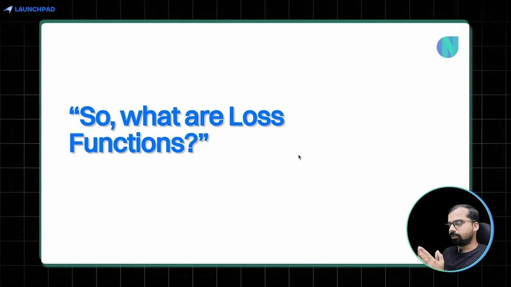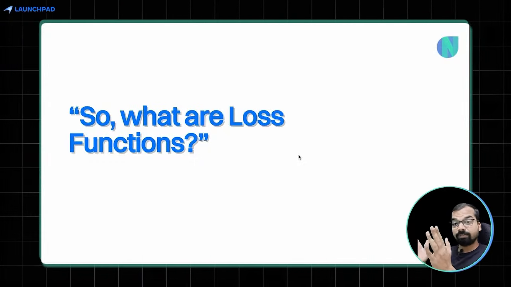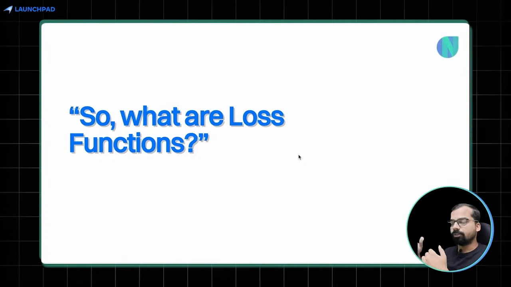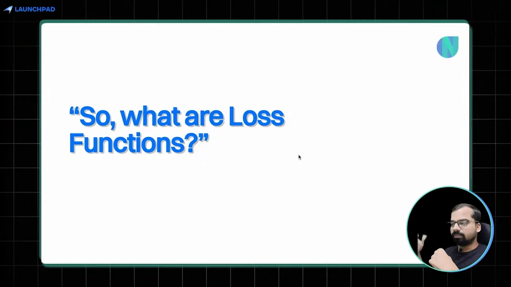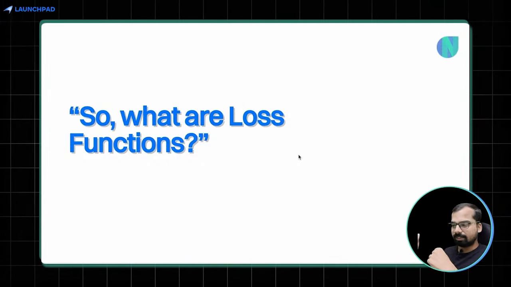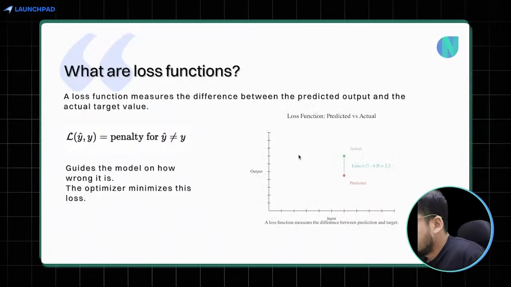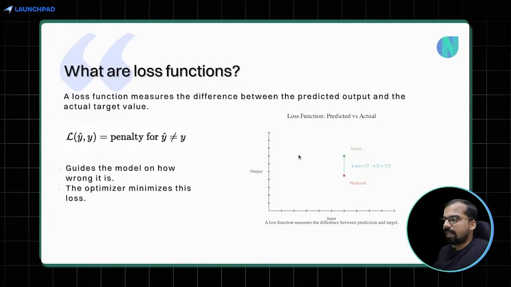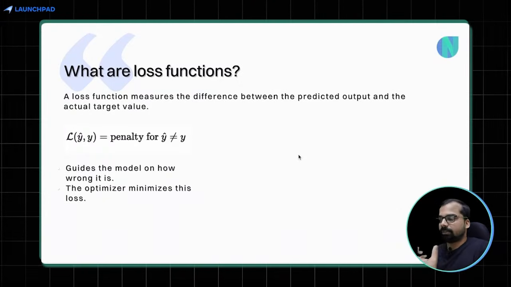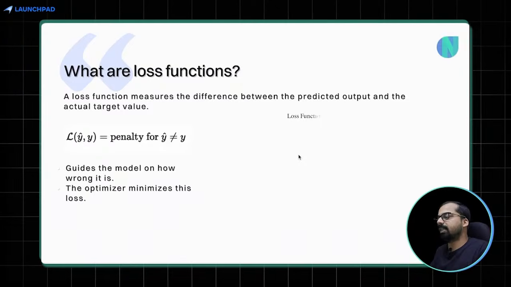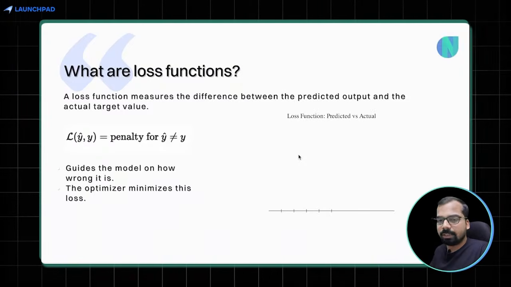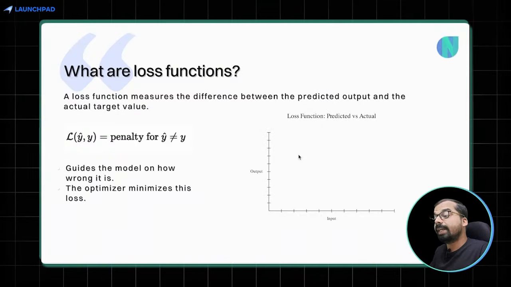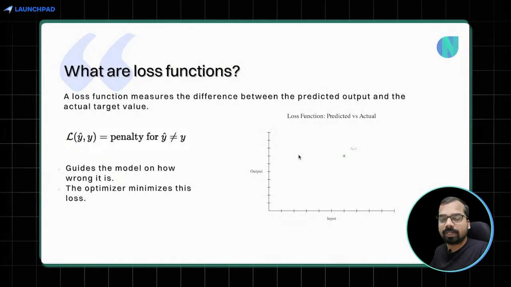And if the actual and predicted values are very far from each other, then the value should be high, indicating that we are predicting very badly, right? So you can think of loss functions as a measure of the difference between predicted and actual value. It is basically used to guide the model on how wrong it is.